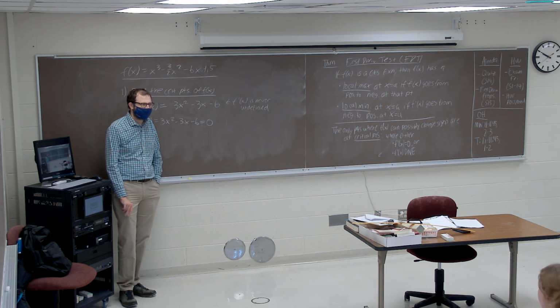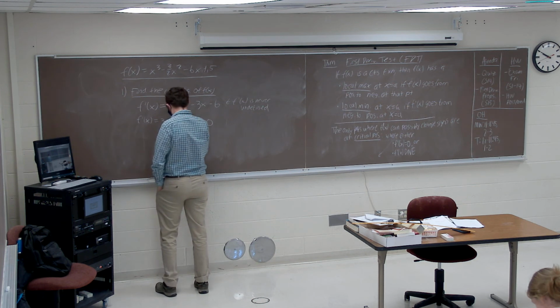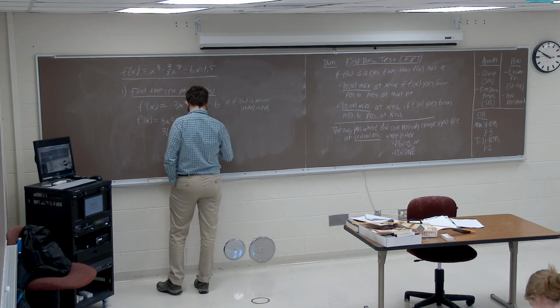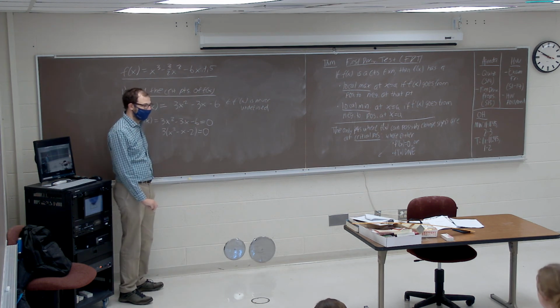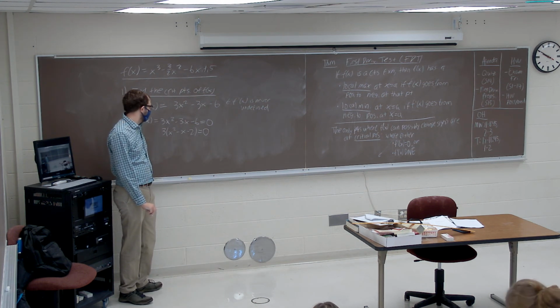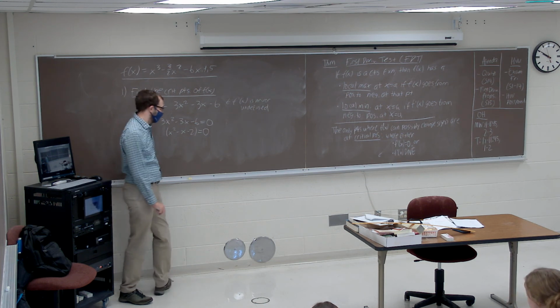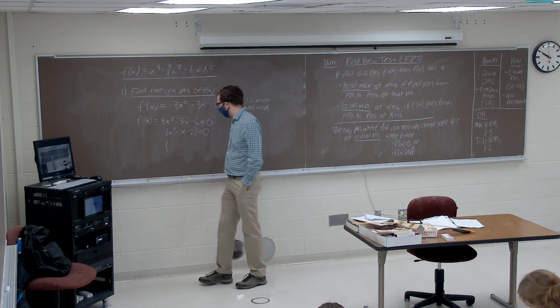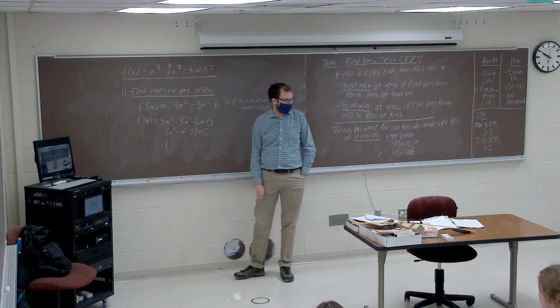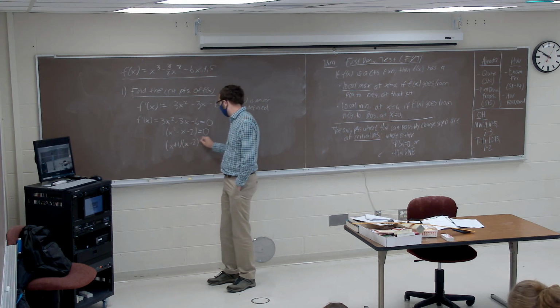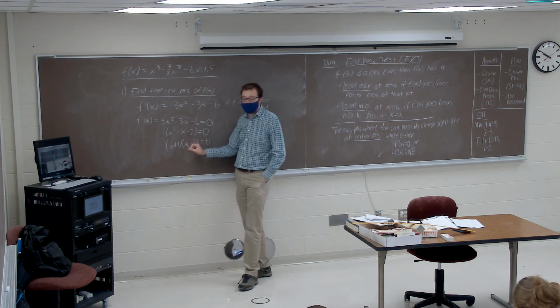Pull out a 3. Okay. That'll give us x squared minus x minus 2 has to be 0, and then you can divide by 3 on both sides. Then you FOIL out, or factor out. So x plus 1, x minus 2. x squared plus x minus 2x will give us a minus x. 1 times negative 2 is negative 2.